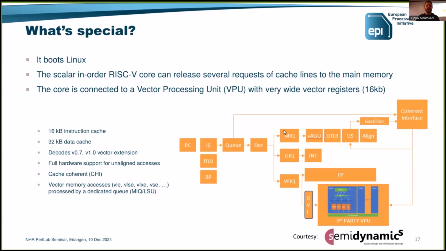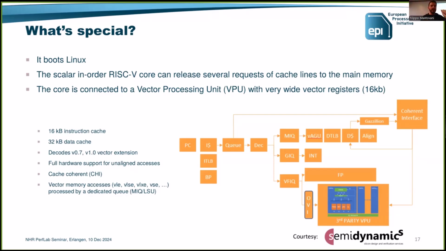So if we look at this block diagram, you have the program counter, you decode your instruction, and then you have 3 queues: the memory queue, the integer queue, and the floating point vector queue. Okay. So if you go for the memory queue, that means that you're doing a load or store, here you have this module called Gazillion, something that they developed internally in Semidynamics, and this module is able to keep up with a lot of requests to and from the memory.